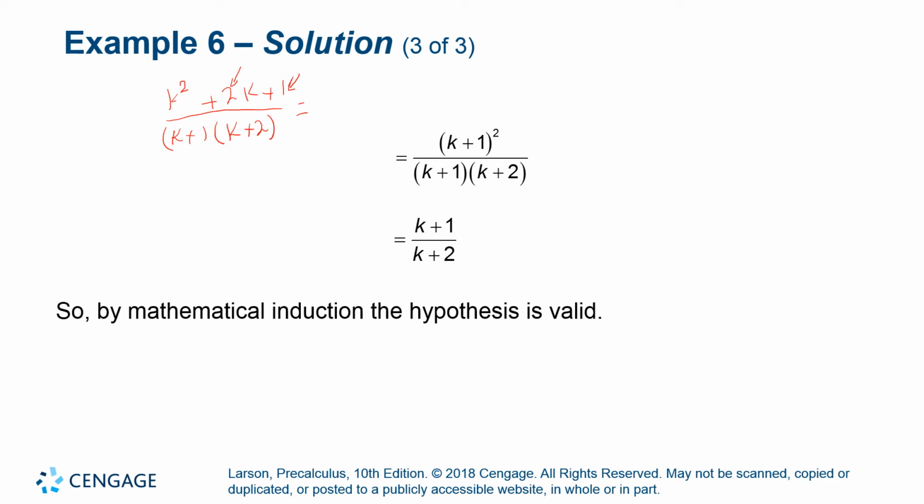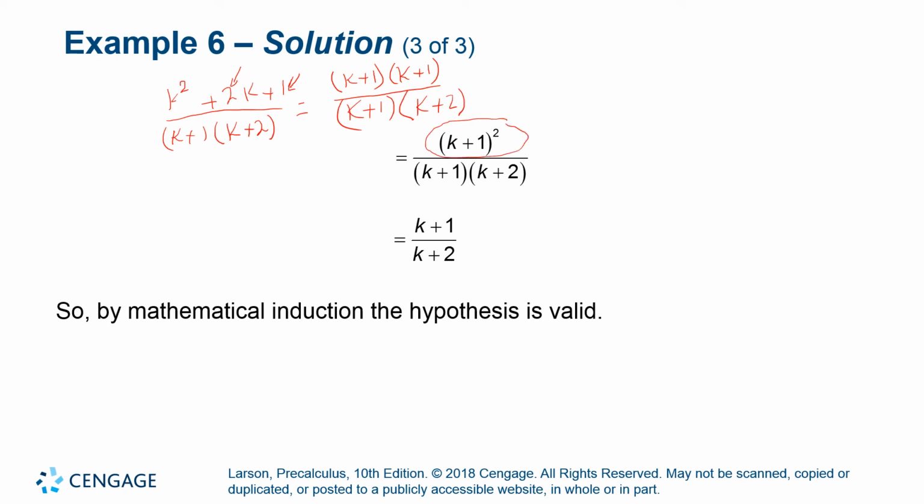So that's going to give me k plus 1 times k plus 1, divided by k plus 1 times k plus 2. Or you can say it is k plus 1 squared.